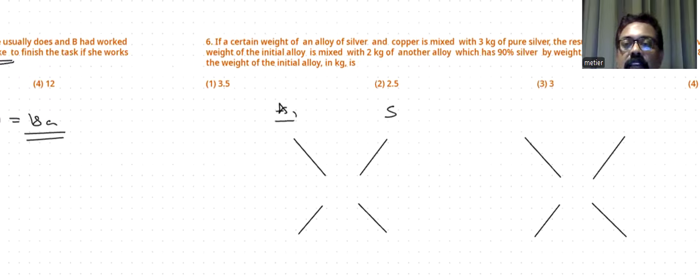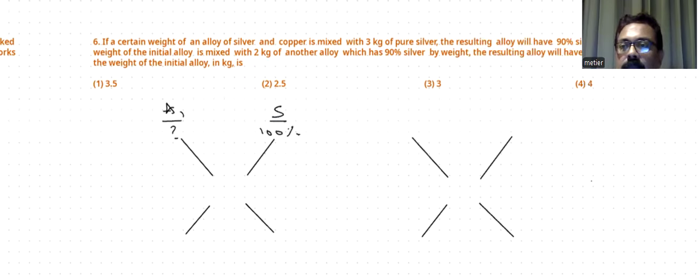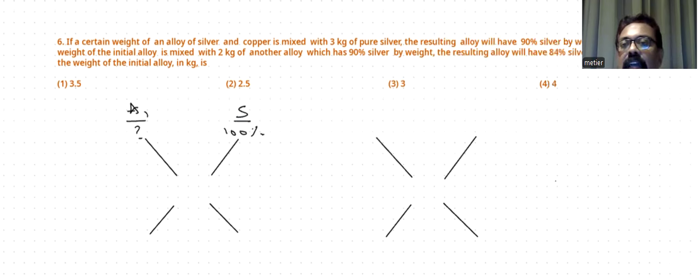Pure silver means we have 100% silver in that. But in alloy 1, what is the percentage of silver? That is unknown. And after this mixing, you are getting 90% silver by weight. So it is 90%.